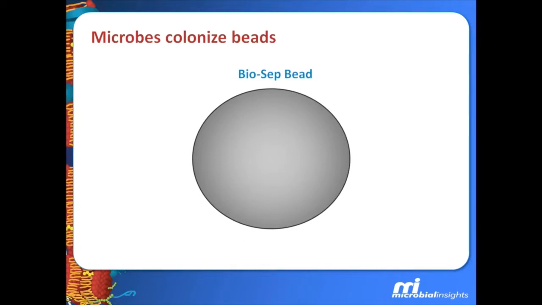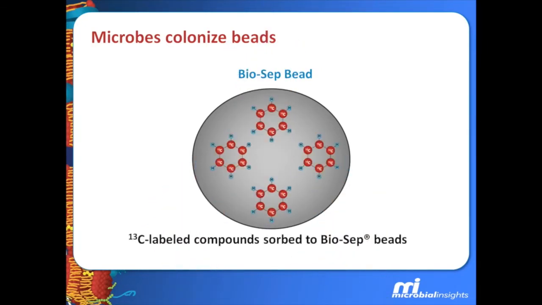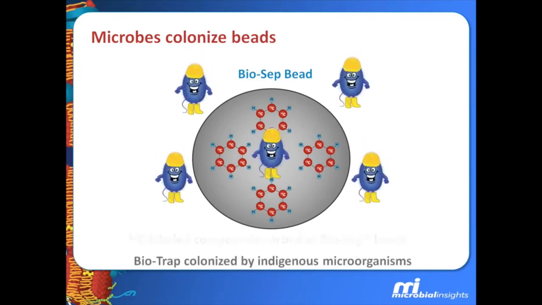So basically the way this works is we take a bioset bead and we adsorb a C13 compound onto that bead. Here we're looking at benzene. And then we incubate that in an environment where there are microorganisms that have the potential for benzene biodegradation.